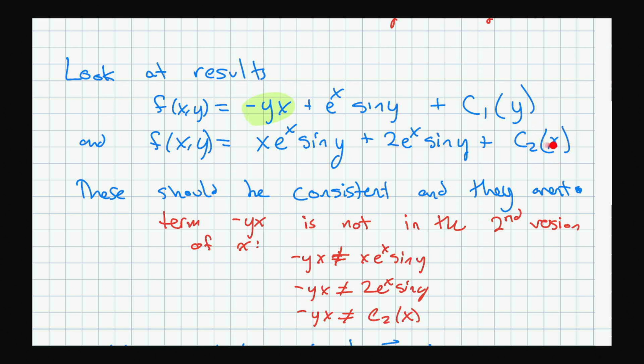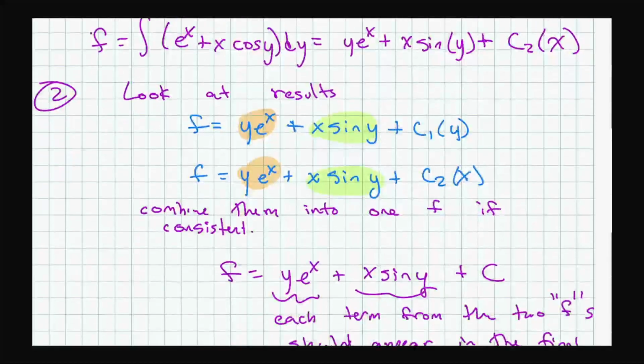It can't be, because this is y x and this has got to be only x's. So you can't just plug that in there. So this term is not part of a real f because it would have to be on this list somewhere, here, here, or here. Whereas here, this is here, and there are no other terms.